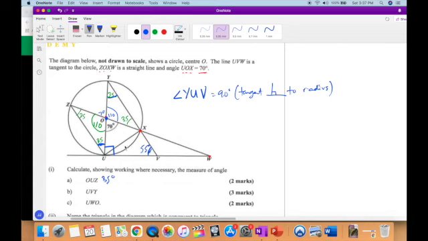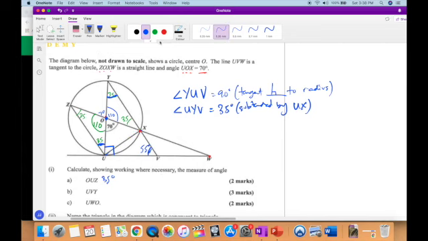So we can see here the angle UYV is 35 degrees because it's subtended by UX, which is this chord over here. So that's how we know that this is 35 degrees.